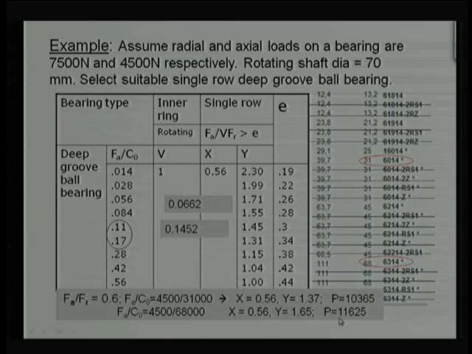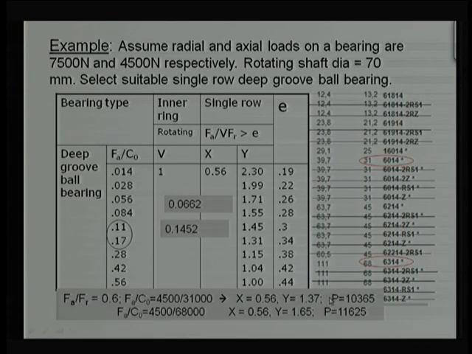The summation turns out to be 11,625. And as I mentioned previously, if I want to select based on the applied load, the first bearing will be a proper choice, because in this case the equivalent load is lesser than the second bearing. The first case is 10365, which is lesser than 11625.